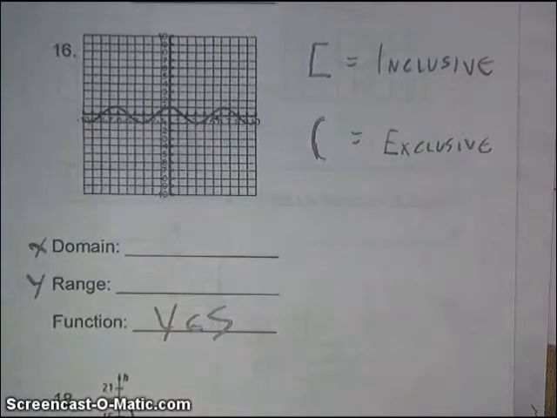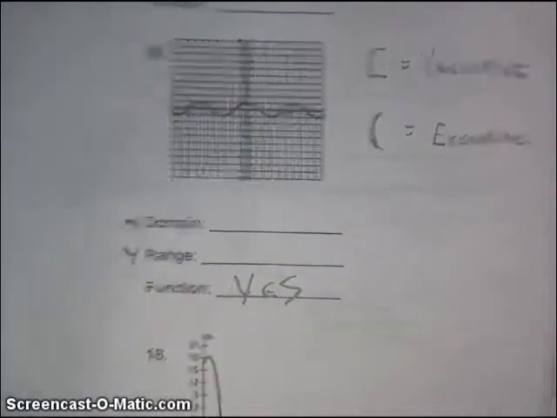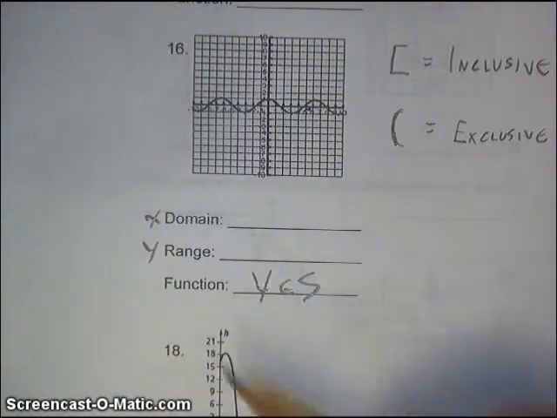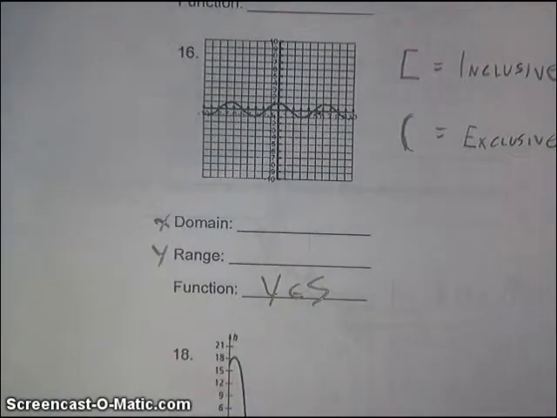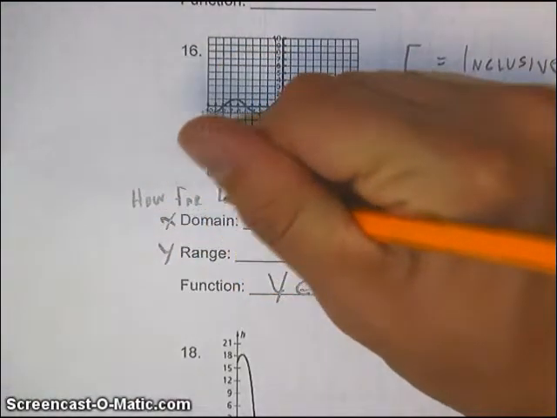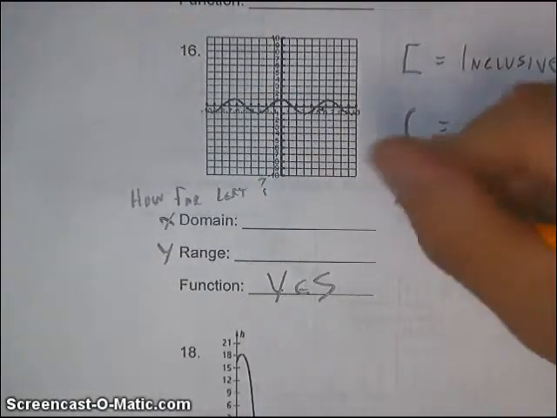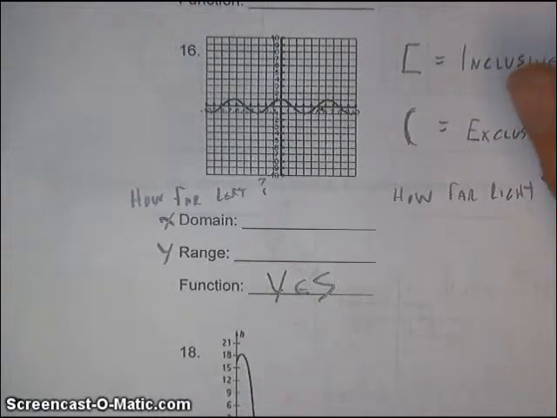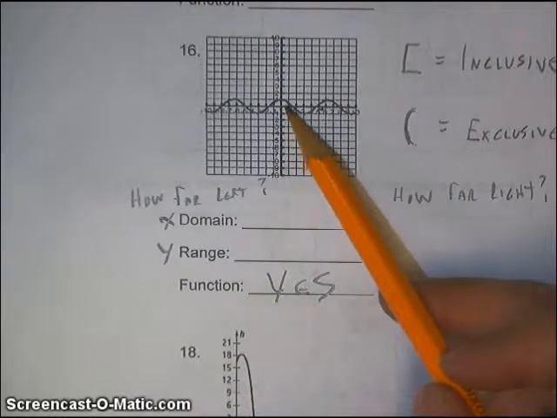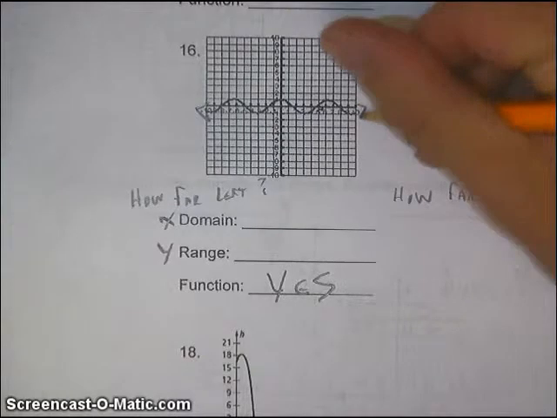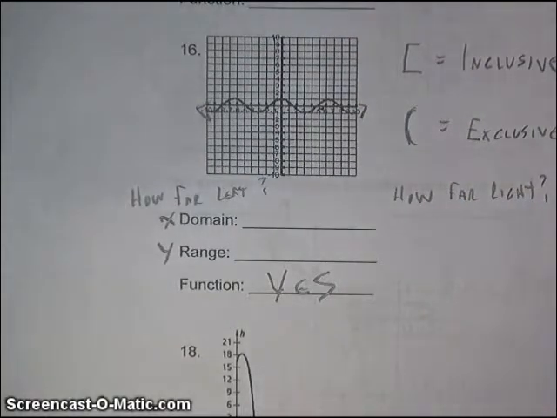But when I'm doing domain and range of a continuous function like this, I like to ask myself two questions for both the domain and the range. In the domain, the two questions are, how far left and how far right? If I'm looking at the x-axis and trying to decide how far left and right this thing goes, I'm going to assume there are arrows at the end of this sine function.